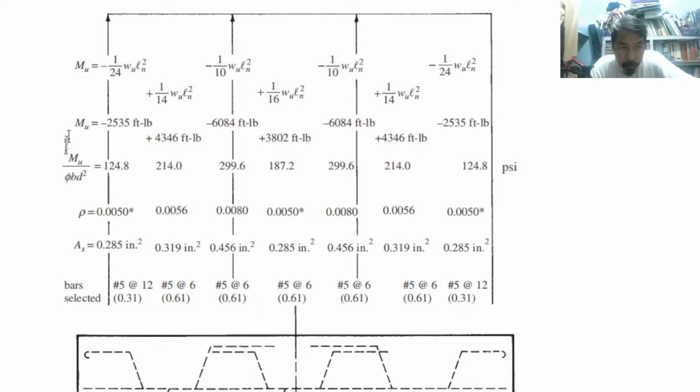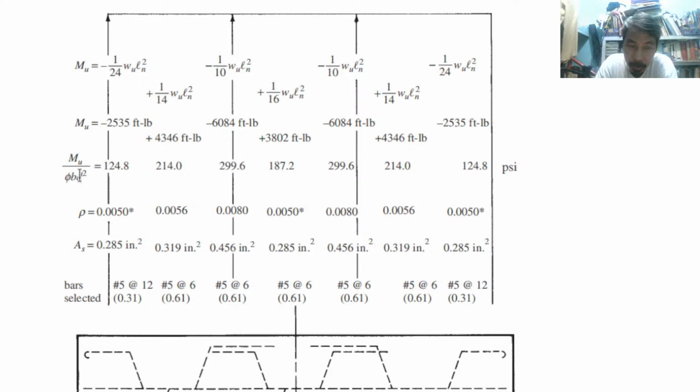So after that you can determine the resistance. Resistance is Mu divided by phi BD squared. That is the resistance. So resistance in psi. There are 7 values. Just divide by BD squared.